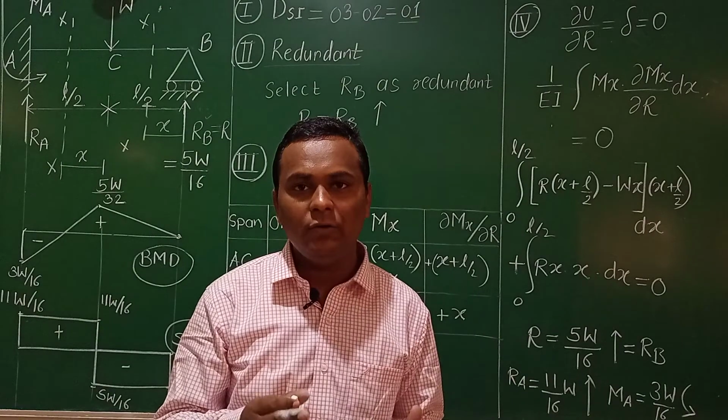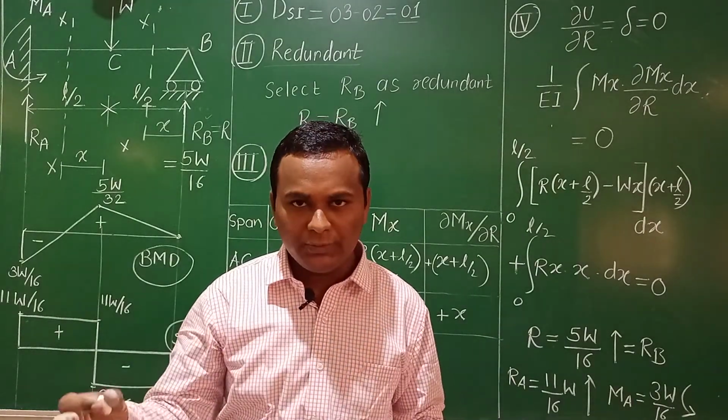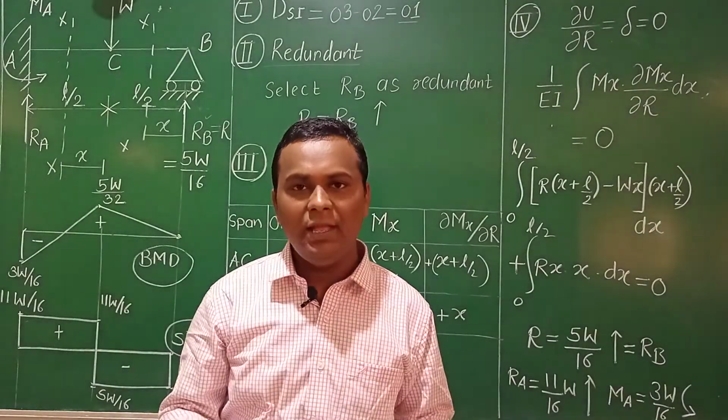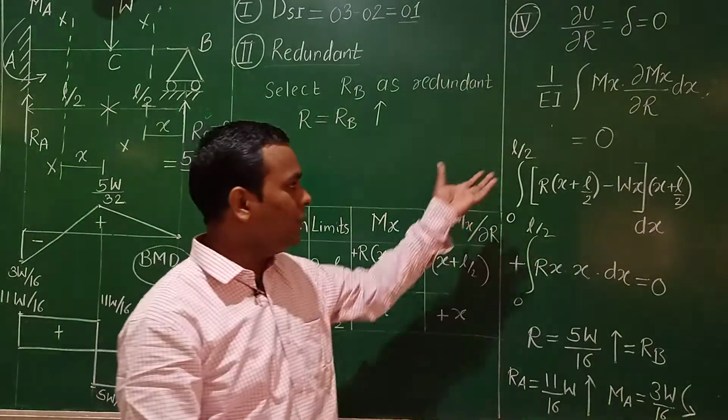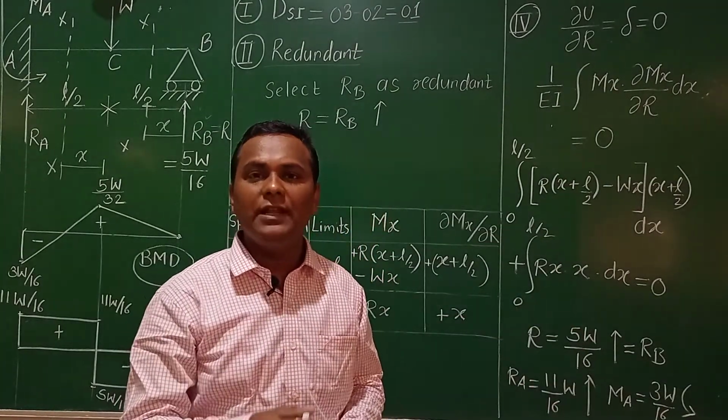We need to find the respective bending moment at section XX for those spans separately, then take the partial derivative separately, and then combine all the results in this particular equation and we will get those additional equations.